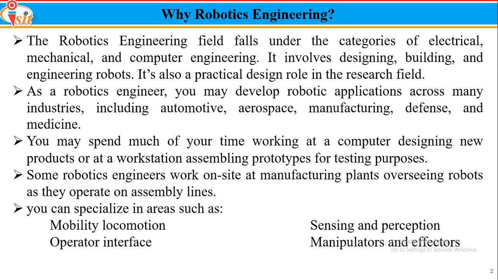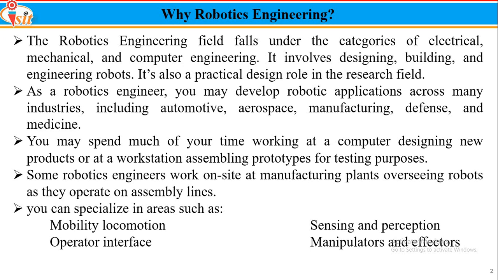You can specialize in the area of mobility applications, and sensing and perception applications. These applications are related with electronics engineering. Operator interface, this specialization can be of electronics and telecommunication or computer engineering.